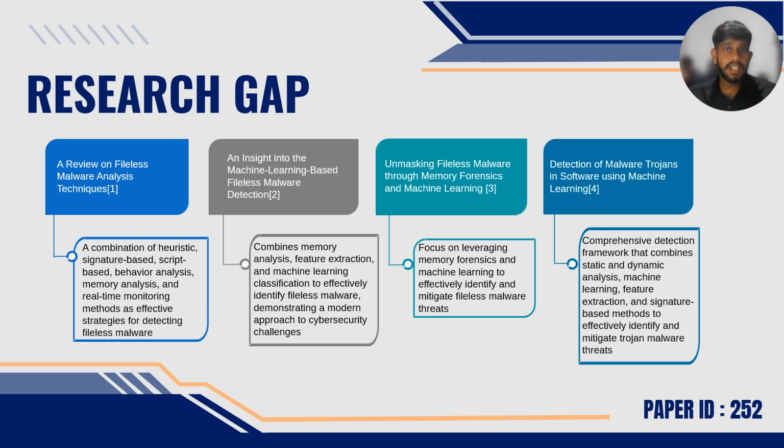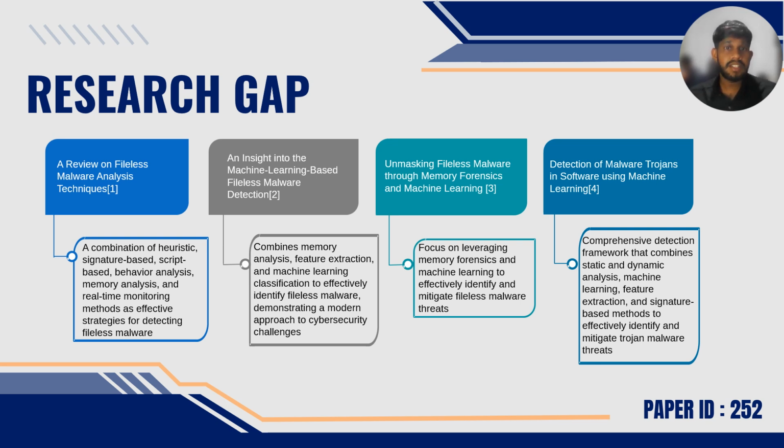Recent work has focused on memory forensics and machine learning, but there remains a significant gap in creating a comprehensive detection framework that integrates static analysis, dynamic analysis, machine learning, and signature-based methods. This framework needs to analyze system behavior such as process injection and privilege escalation without relying on file-based traces.